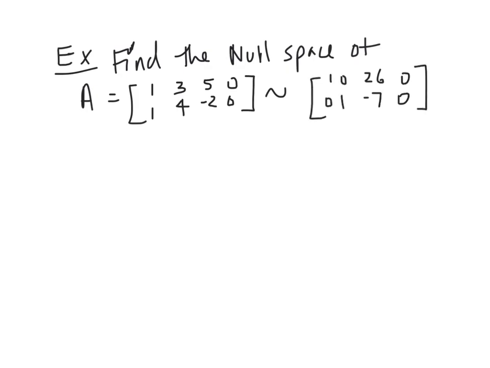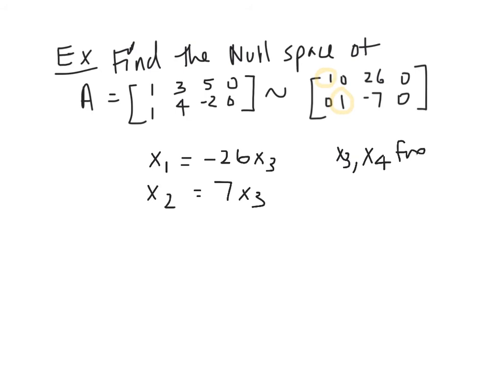And so we have our two pivots, our two pivot locations, and therefore we see that the solutions are x1 is negative 26x3, and x2 is 7x3, where x3 and x4 are free. In other words, we get a vector that looks like the following.